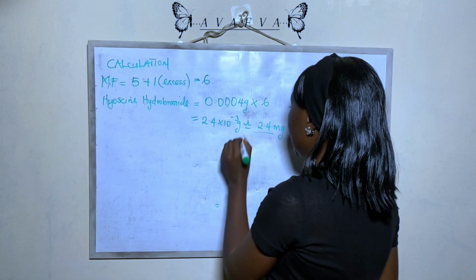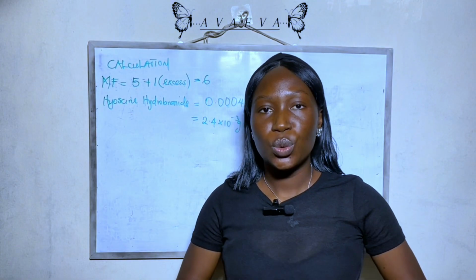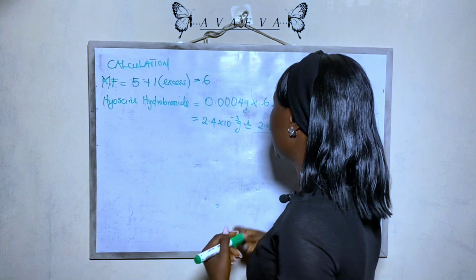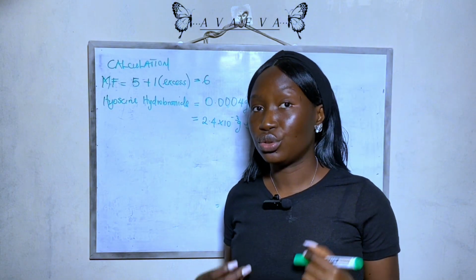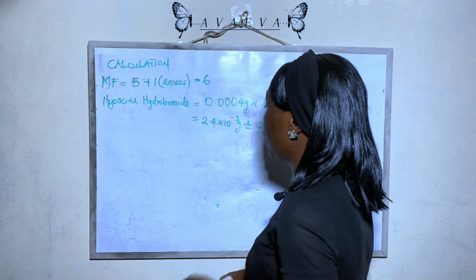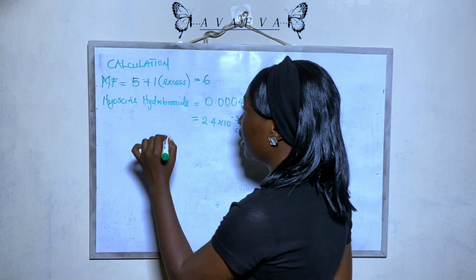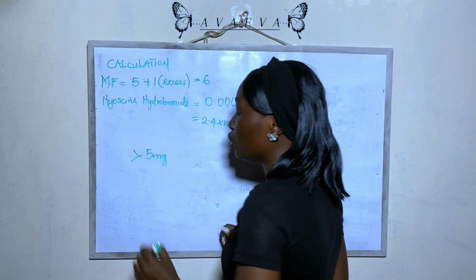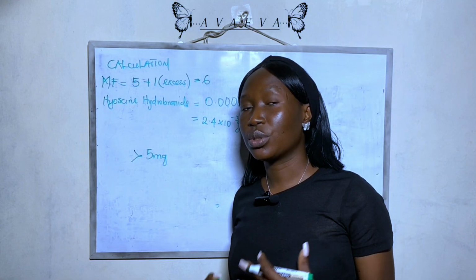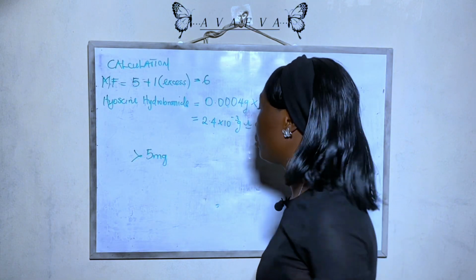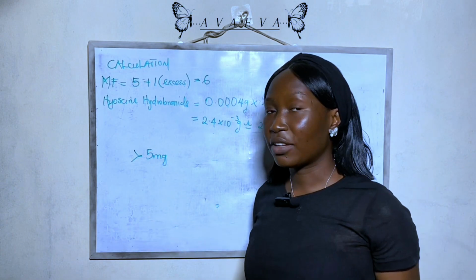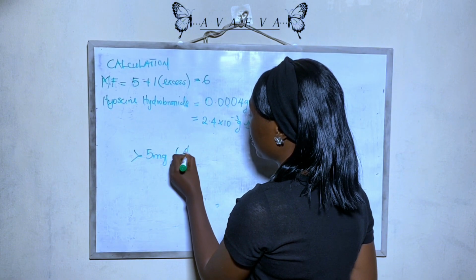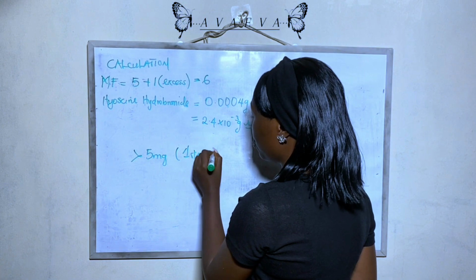Now times 6, you will have 2.4 times 10 raised to the power minus 3 grams, approximately 2.4 milligrams. Now, in order to know the stages of titration you are going to do: anytime you have greater than 5 milligrams, though still less than the usual 50 milligrams which is the minimum weighable, you know that you're going to stop at the first step of your titration.